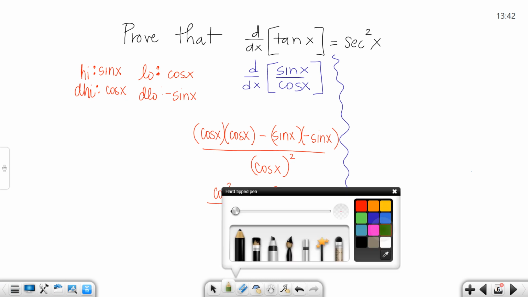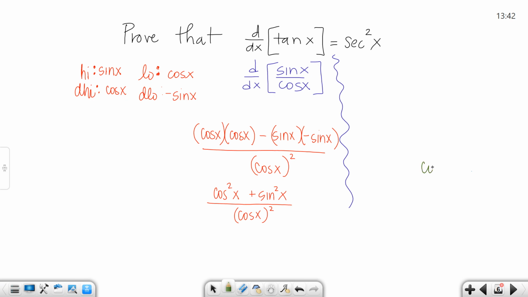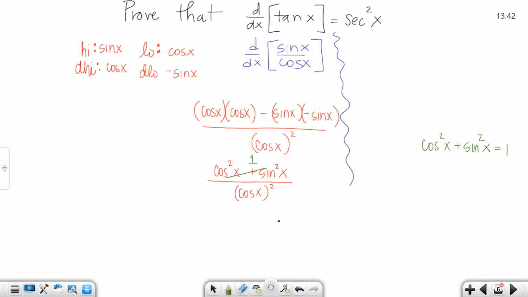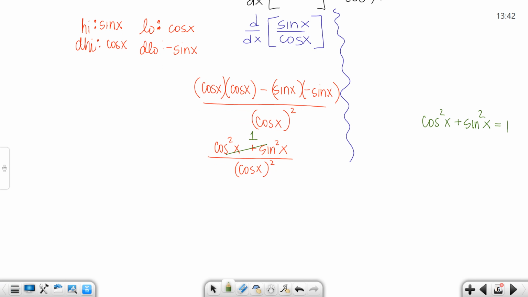From previous facts, I know that cosine squared of x plus sine squared of x equals 1, back from trig. So this top part here is going to equal 1. So what I'm going to get is 1 over the cosine of x squared.